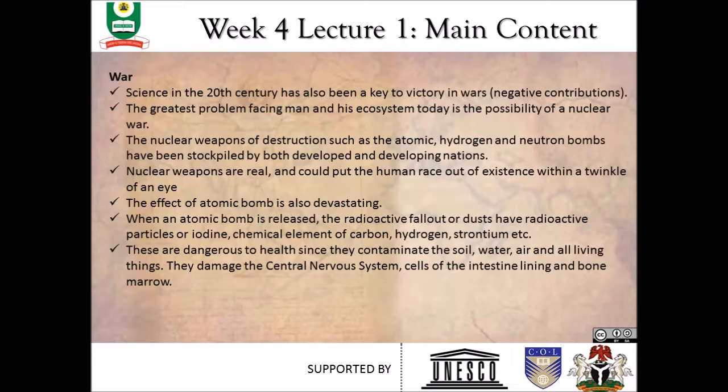Nuclear weapons of destruction, such as atomic, hydrogen, and neutron bombs, have been stockpiled by both developed and developing nations. Nuclear weapons are real and could put the human race out of existence within a twinkle of an eye. These bombs derive their energy from the nucleus of the atom.